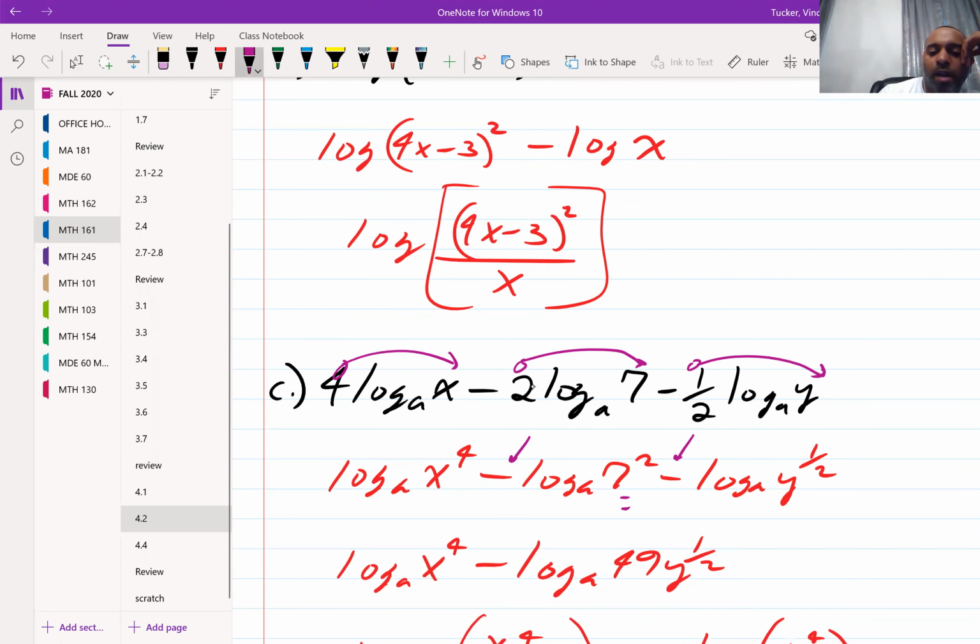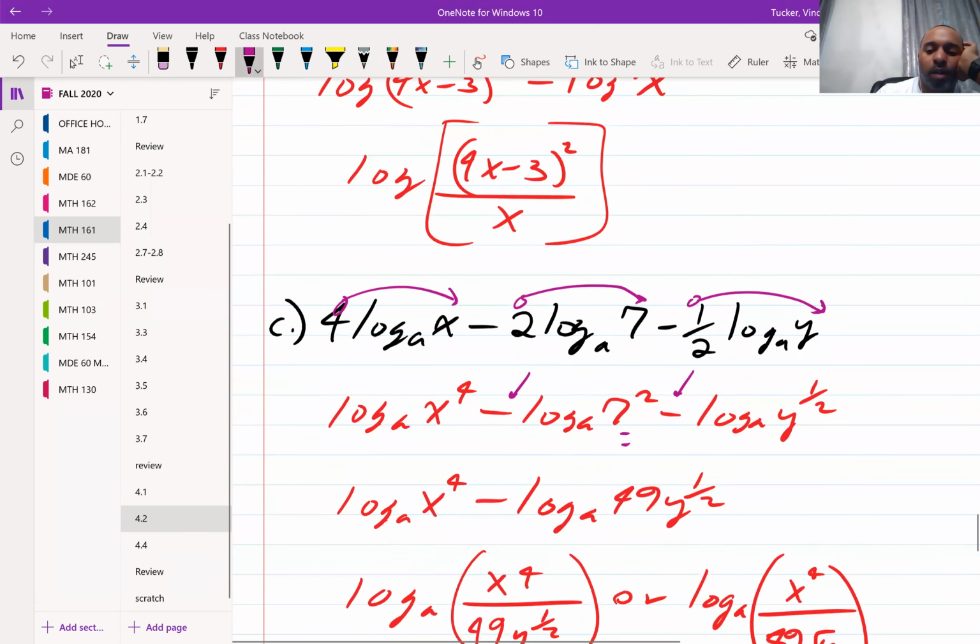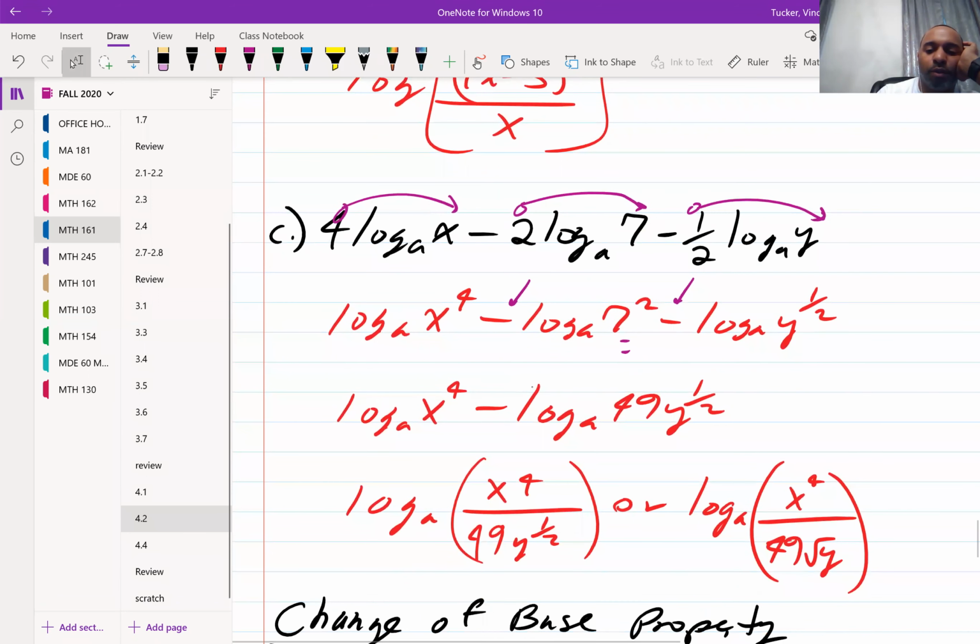And y to the 1/2 is still just y to the 1/2. Both of those terms with the minus signs will sit in the denominator for us. 49 and y to the 1/2 will be in the denominator. X to the 4th will be in our numerator.